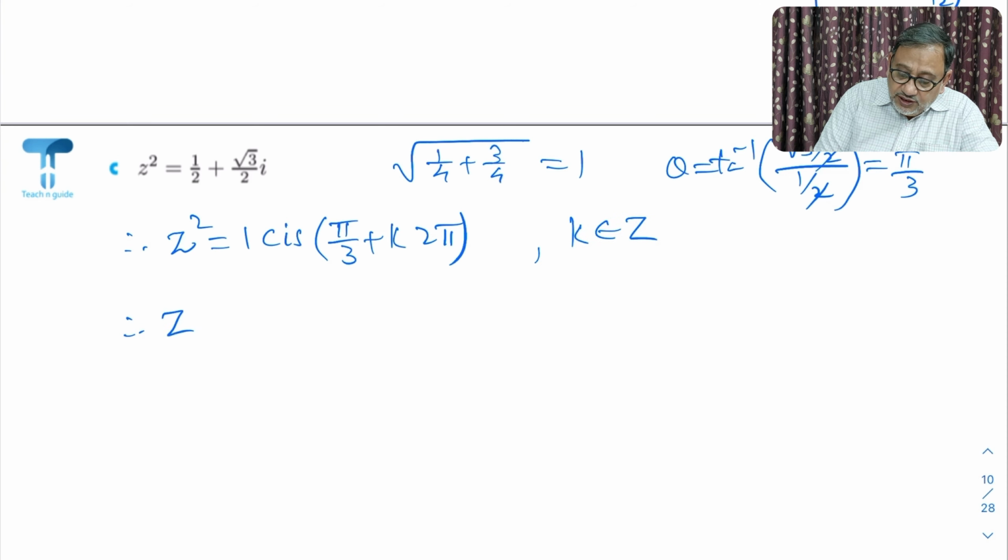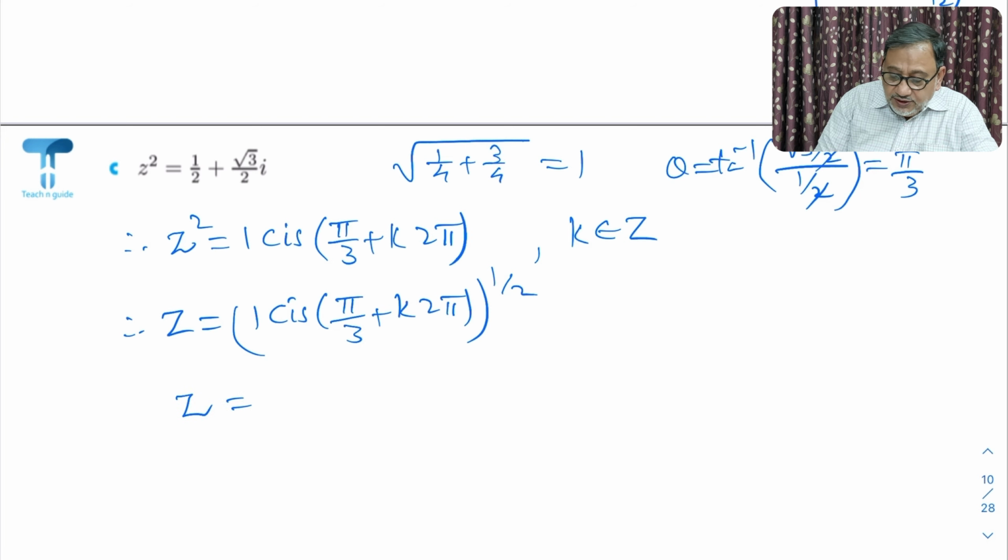So therefore z is equal to square root of 1, or let me first write cis pi by 3 plus k into 2 pi, all of them raised to 1 by 2. So z is equal to 1 raised to 1 by 2 is 1, cis pi by 6 because divided by 2, and here k into 2 pi by 2, okay, k into 2 pi by 2.